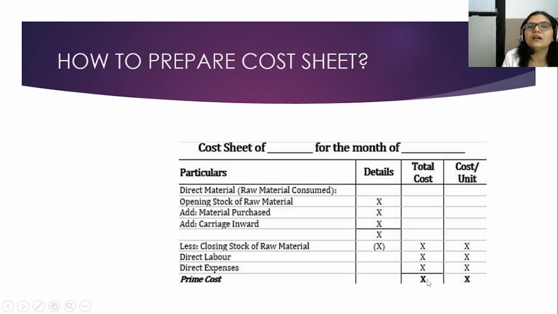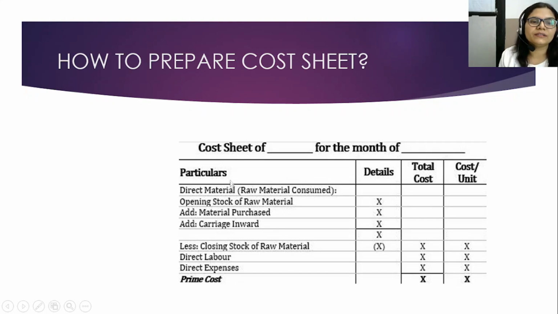That will make the analysis and understanding easier. And if it is a demand of the accountant or a decision maker that he wants to understand the cost per unit also, then we will include an additional column called cost per unit, which is arrived at by dividing the cost of a particular component by the number of units.